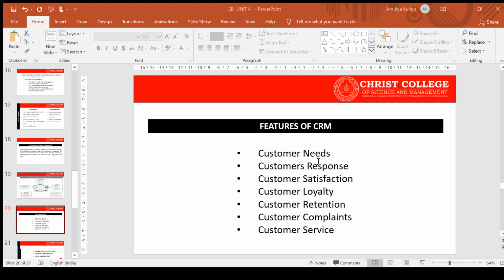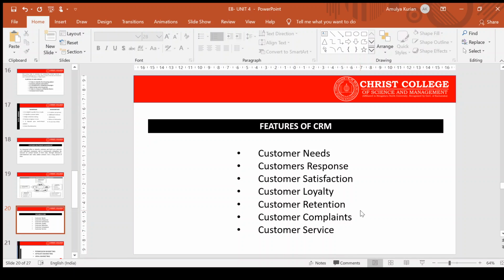It depends on the quality of service provided by the supplier. So basically, customer satisfaction depends on the quality of delivery. Okay, so these are the features: customer needs, customer response, customer satisfaction, customer loyalty, customer retention, customer complaints, customer services.